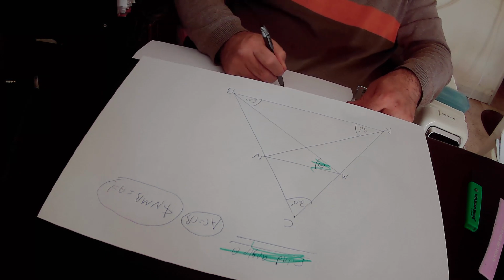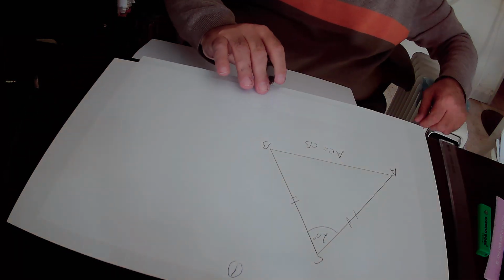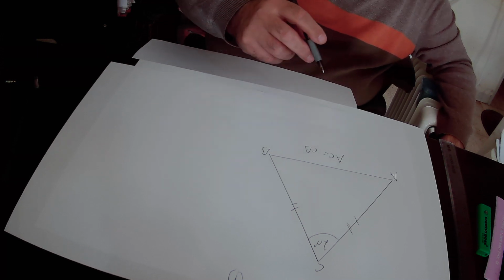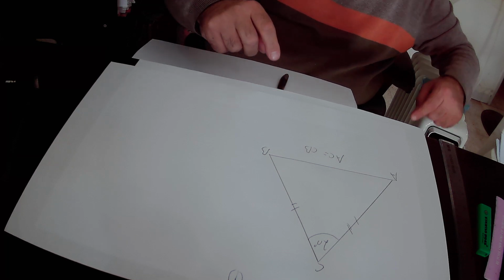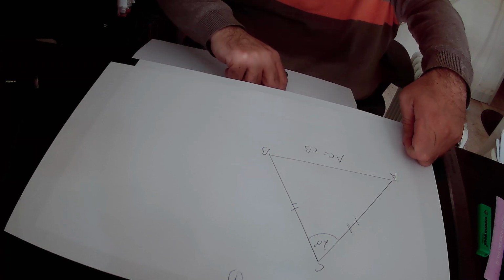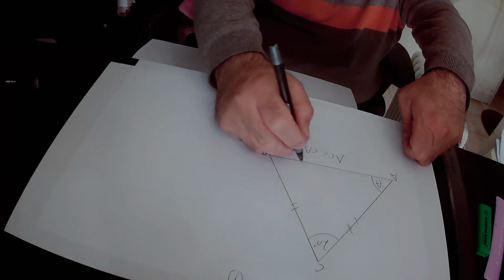AC equals CB, and we have the rule that in front of equal sides in the triangle there are equal angles. So those two angles must be equal to each other. If one angle is theta, then the other angle must also equal theta.